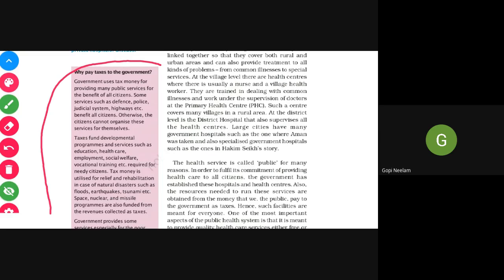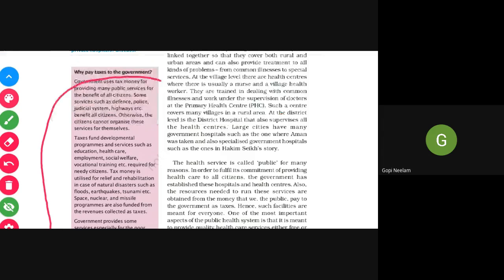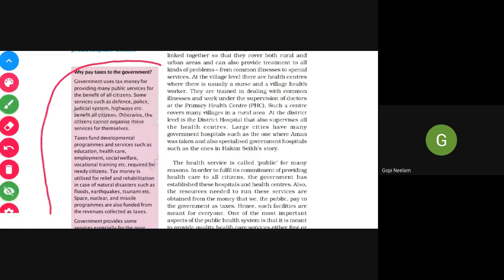Okay, sure. So let's read this and understand it clearly.